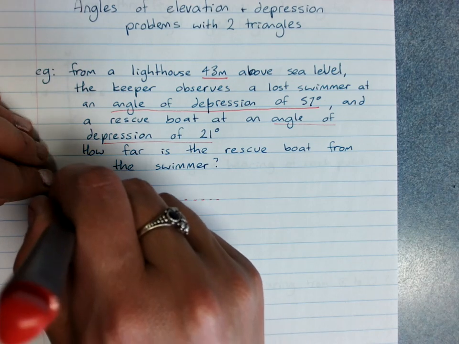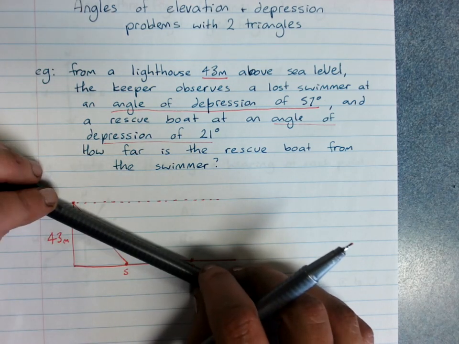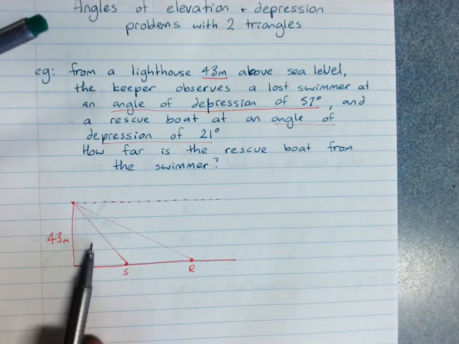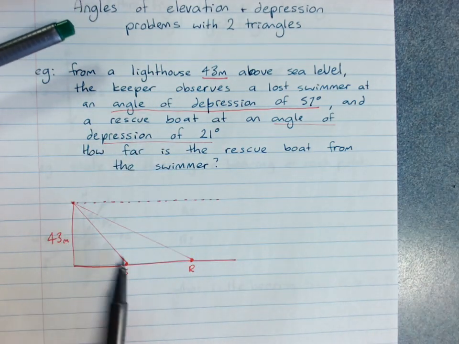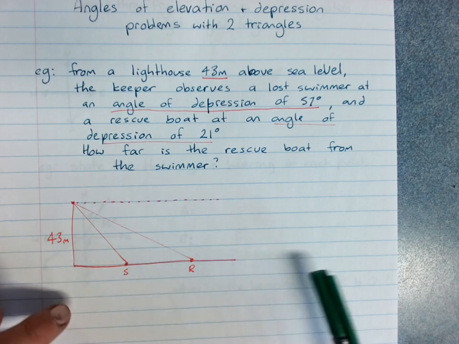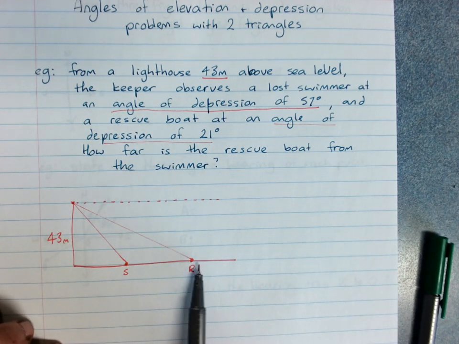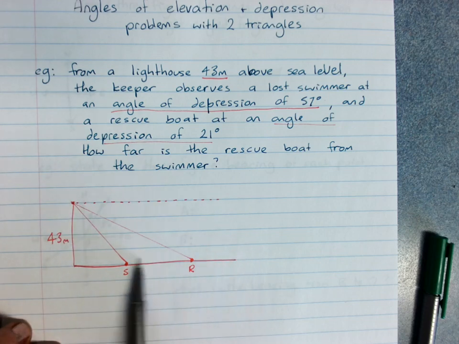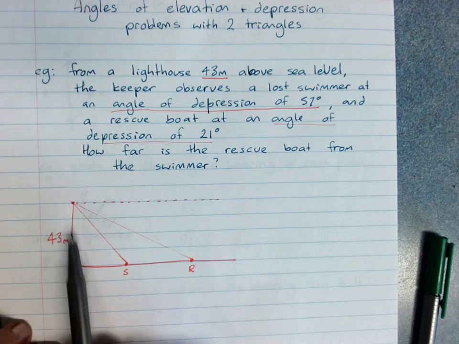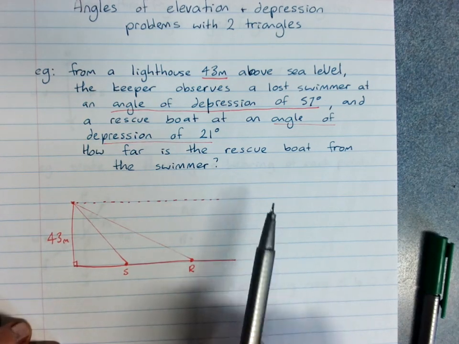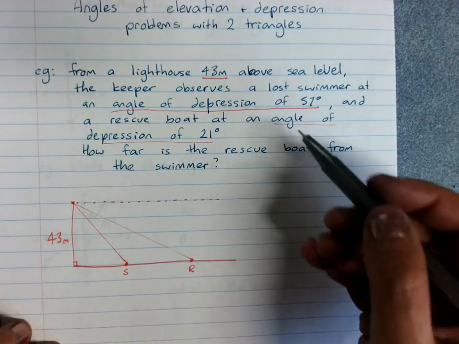Now, these sort of questions do assume that the swimmer and the rescue boat are observed out in a direct line. You look at that one, then you look at that one. And you sort of have to assume that. You assume, okay, well, sea level is level, a cliff is vertical, etc. Okay, so we put in our angles.